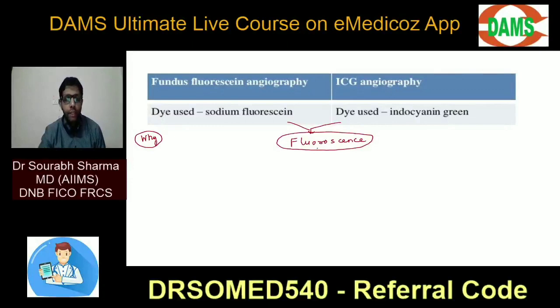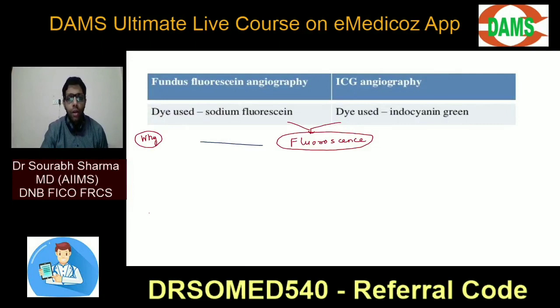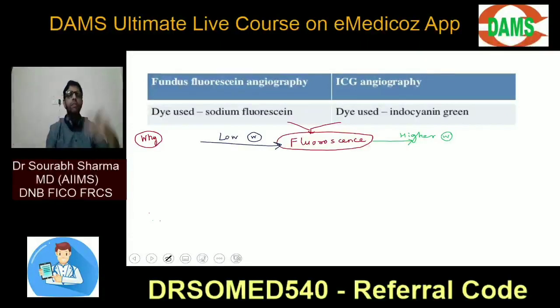If there is an object in which low wavelength light is coming inside and it has the capability to emit a higher wavelength, that object possesses fluorescence capability. Fluorescein has it, indocyanine green has it; other dyes like trypan blue, used in cataract surgery, don't have it. That is why fluorescein and indocyanine green are used.